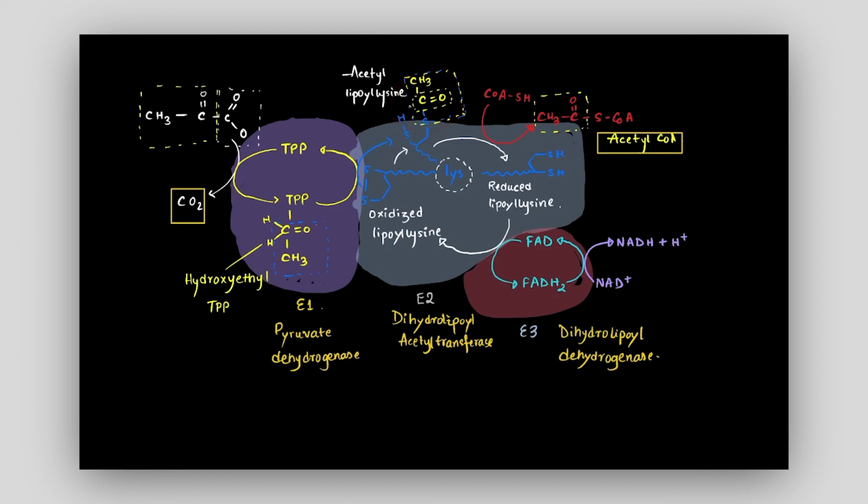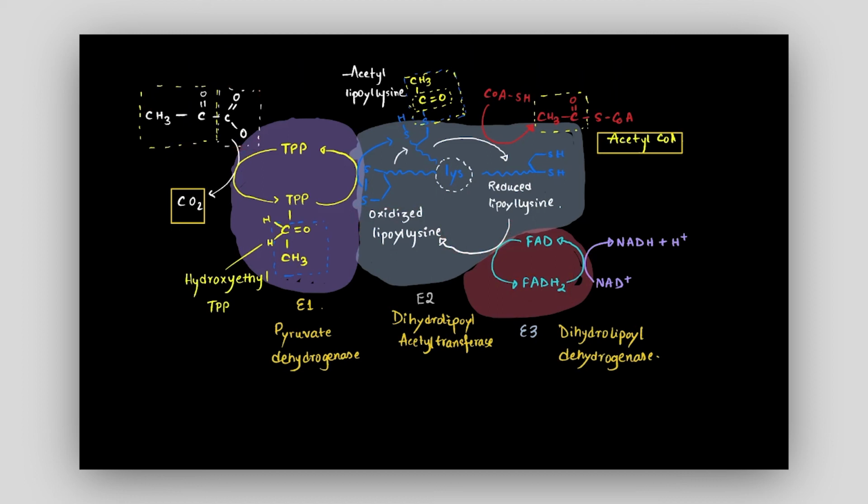And finally, in dihydrolipoyl dehydrogenase, again this reduced form is losing the hydrogens, giving it to FAD, making it FADH2, and getting back to the oxidized form of lipoyl lysine.